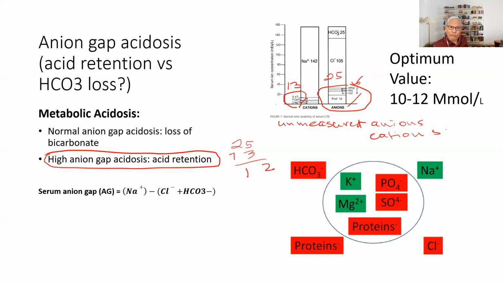Okay, so therefore, this becomes the basis of us trying to determine whether or not the therapeutic interventions are getting better. So in a patient with DKA, for example, you might start with an anion gap of, let's say, 35.